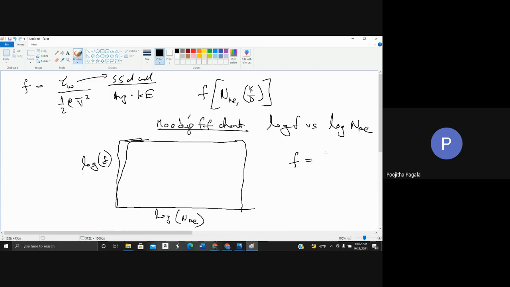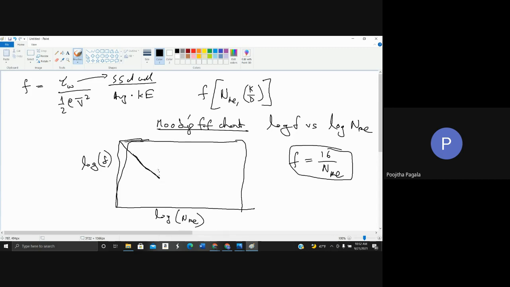Yes, 16 by NRE. So at low Reynolds number, when we have laminar flow, the graph is going to be a straight line with a negative slope. And as the Reynolds number increases, there is going to be a discontinuity here.